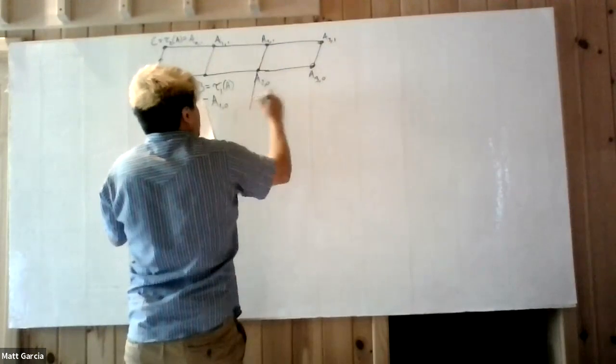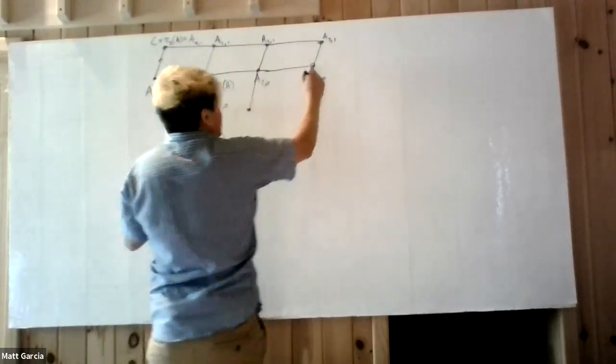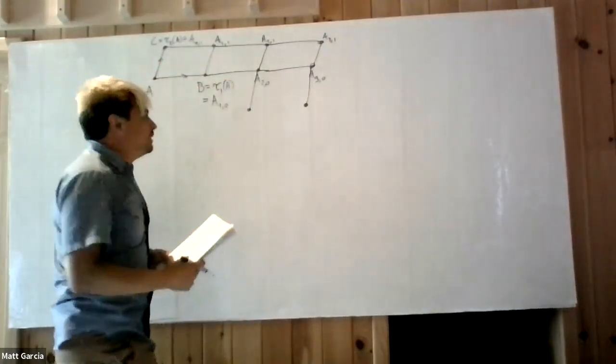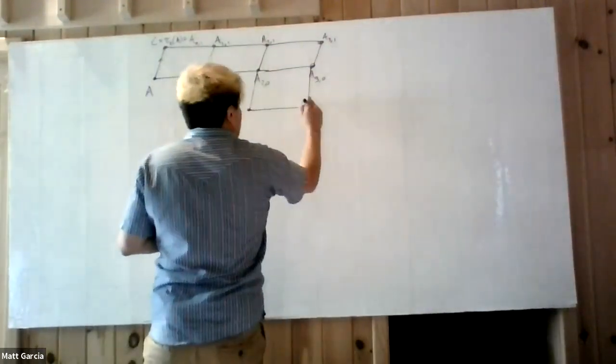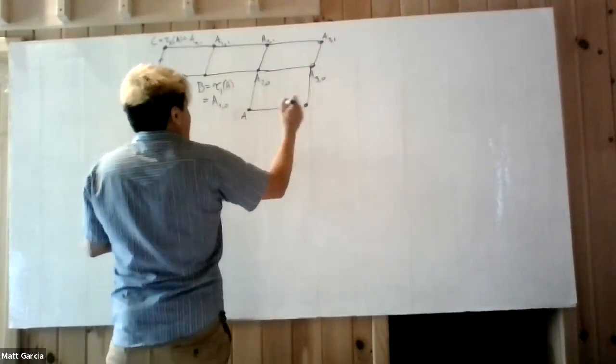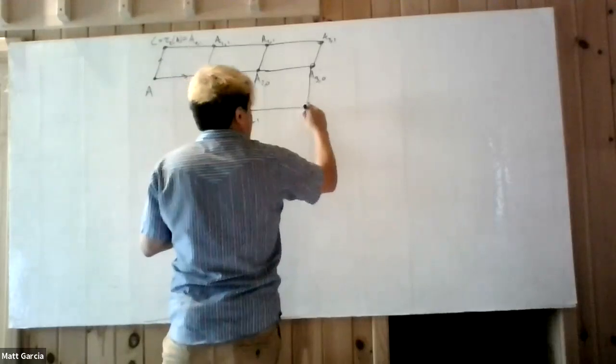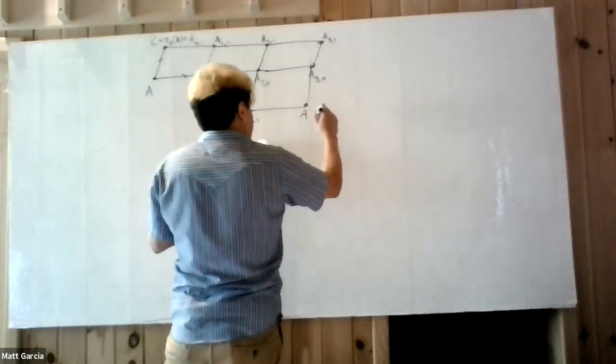And of course, there's no restriction on i and j being positive. We can have negative powers of tau1 and tau2. So what do I get here? I get A sub 2,-1, A sub 3,-1.